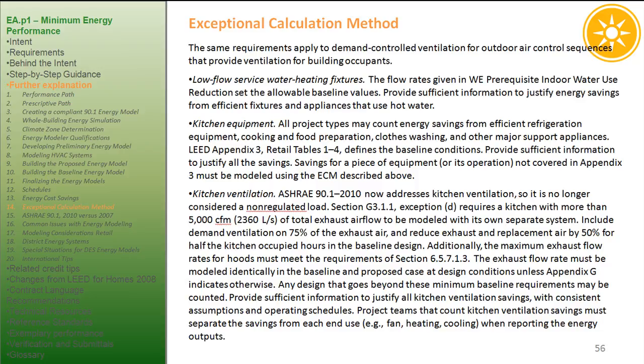Additionally, the maximum exhaust flow rates for hoods must meet the requirements of Section 6.5.7.1.3. The exhaust flow rate must be modeled identically in the baseline and proposed case at design conditions unless Appendix G indicates otherwise. Any design that goes beyond these minimum baseline requirements may be counted.